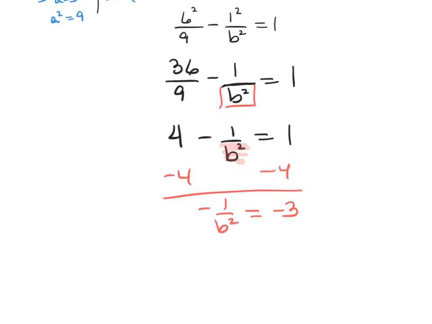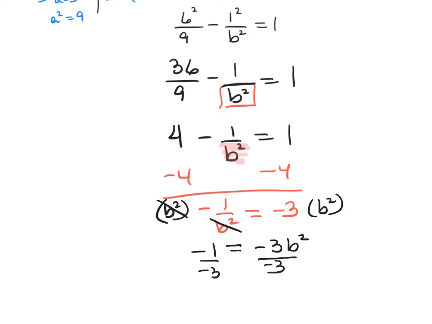Now, I could either add a 1 to the denominator of the negative 3, or just know I'm going to multiply both sides by b squared to get it out of the bottom of the fraction, and then I'm left with negative 1 equals negative 3b squared. Divide by negative 3, and b squared equals negative divided by negative is positive 1/3.